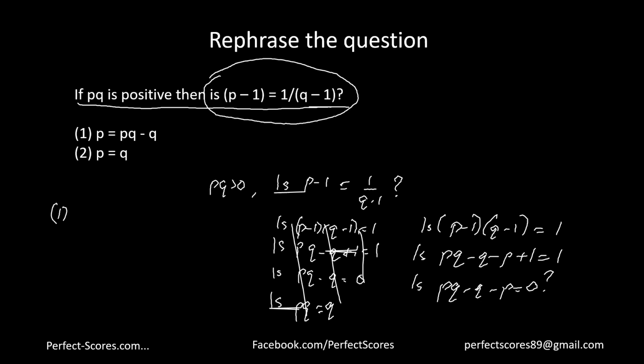Now let's do statement 1. As you can see, I have messed this up, but I'm still going to make a boundary between statement 1 and the universal statement. The first statement says that P is equal to PQ minus Q. And that's exactly what the question is asking me, right? You can see that is exactly the same thing. That means this is sufficient, right?